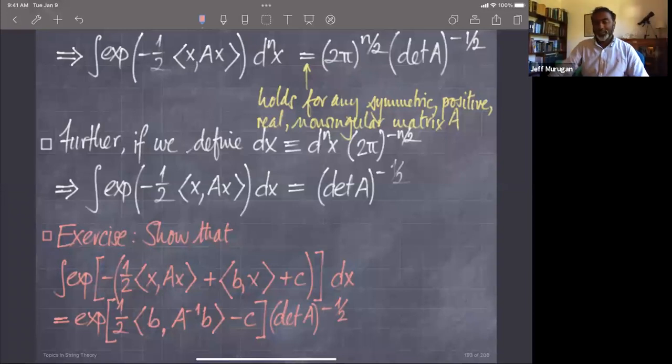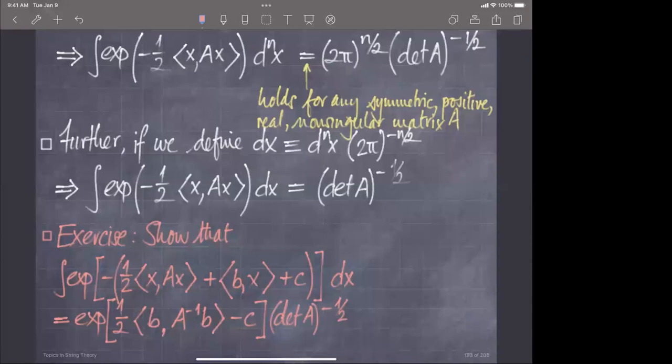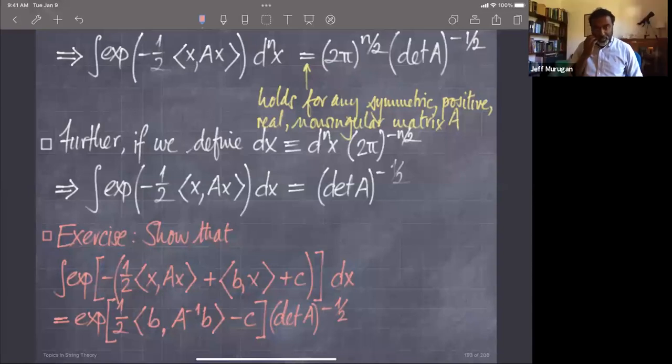Okay. So that's what happens if you have a real symmetric positive non-singular matrix. What about if it's not real? There's a generalization of that to complex variables, if it's a Hermitian matrix.